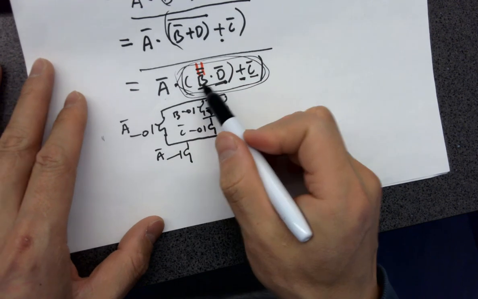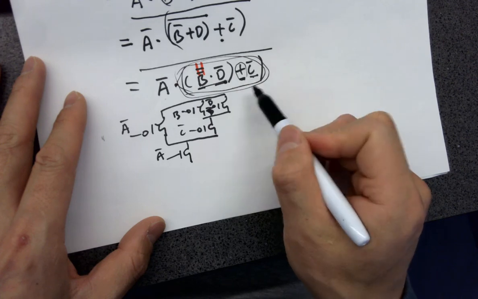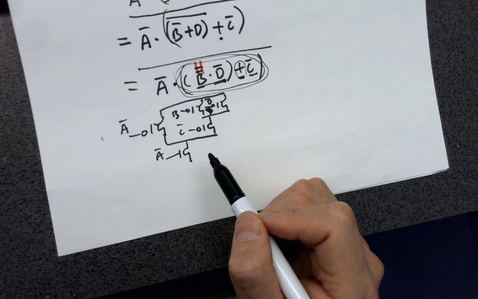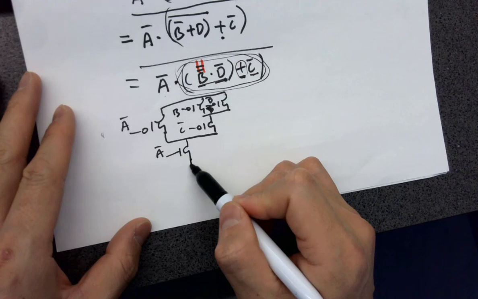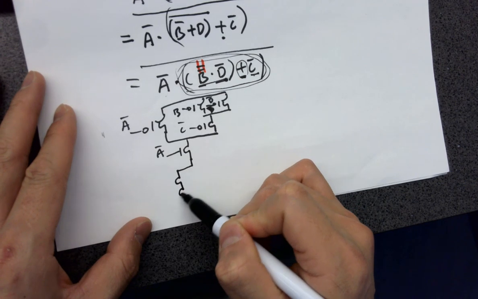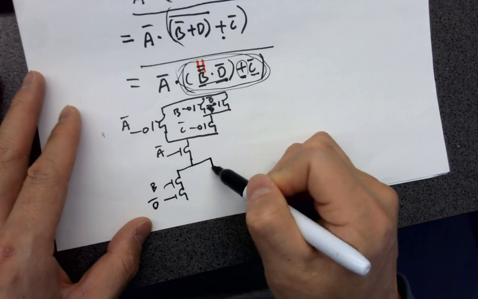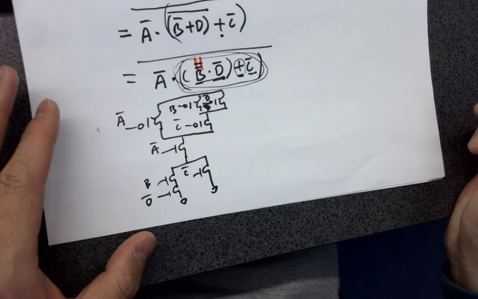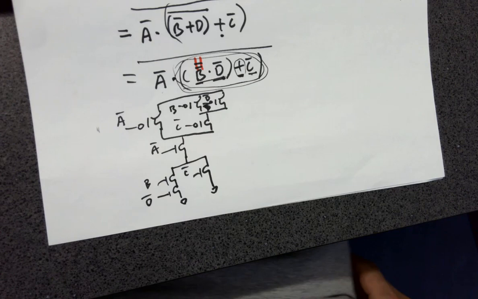Okay, and these are in series, this is in parallel. This is OR logic, so OR logic are in parallel, right? And these are in series, so you are having B D naught in parallel with C naught. Okay?